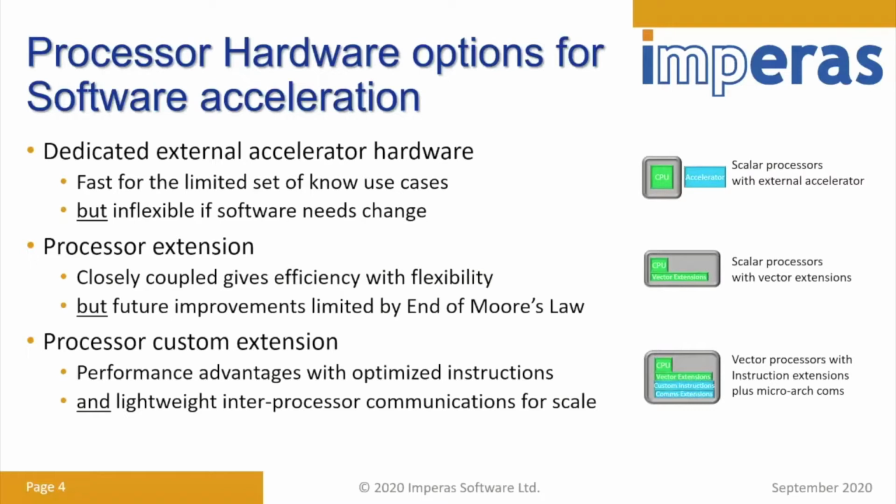And then finally, there is the processor custom extension, whereby you create specific extensions for the application that you're attempting to optimize. This is really what we're going to concentrate on today.